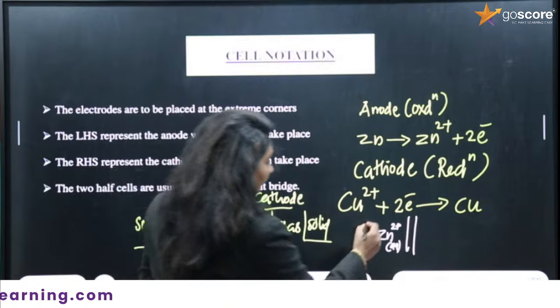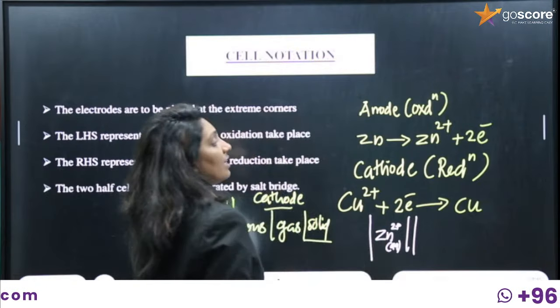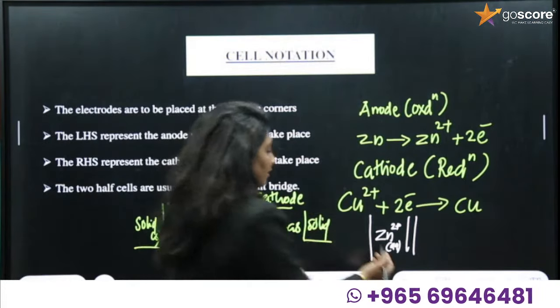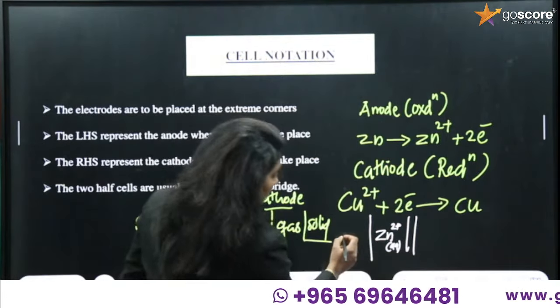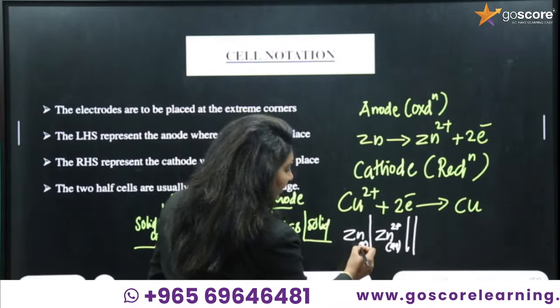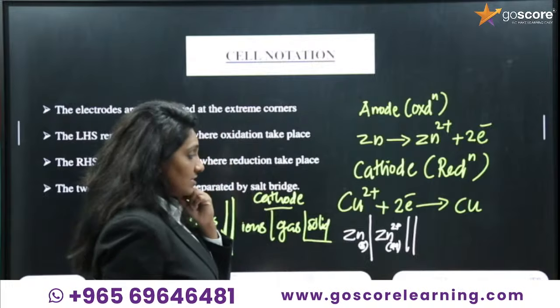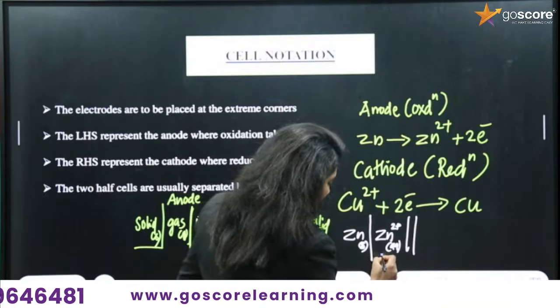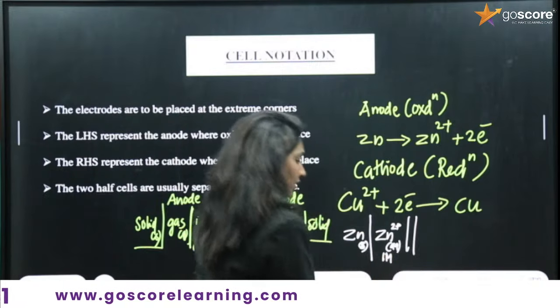Okay. Then we will put the phase transition. Is there any gas? No, right? So there is no gas. Then the solid is zinc, Zn(s). Okay. If the molarity or the concentration is given, you have to mention whatever the given concentration is. I am taking 1 molar here, so I have to write it here.